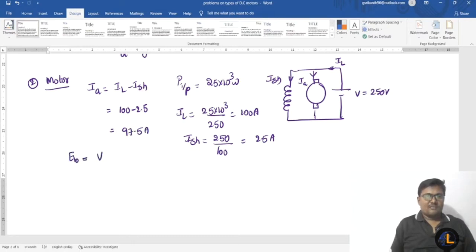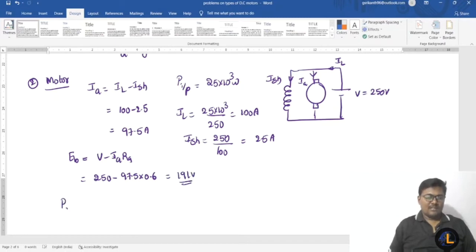Then back EMF EB is equal to V minus IA RA, 250 minus 97.5 into the armature resistance 0.6. Then I got it as 191.5 volts.